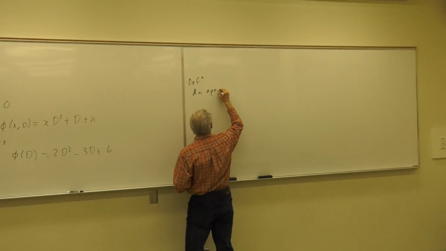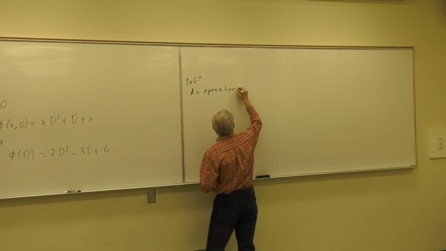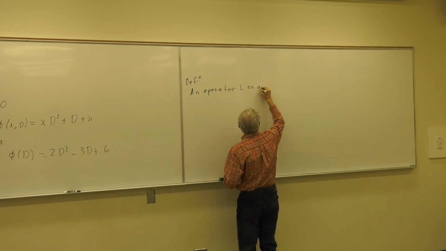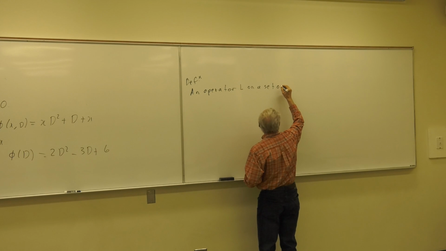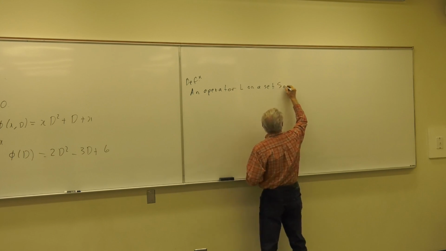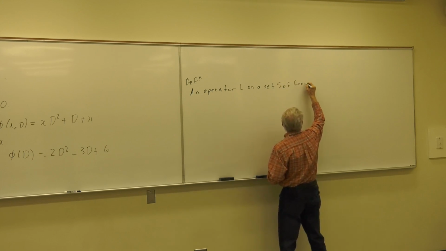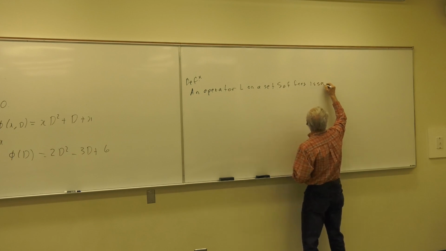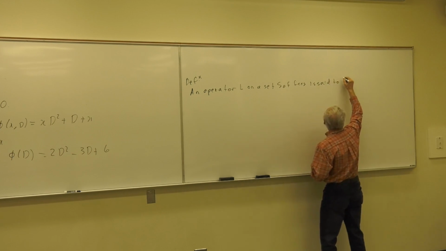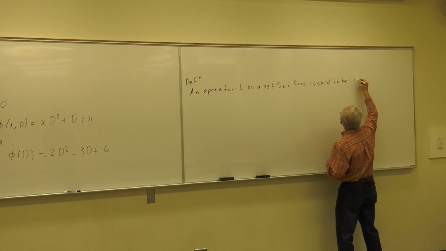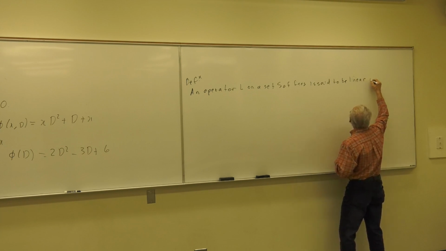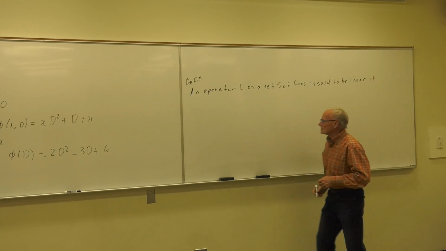An operator L on a set, say S, of functions is said to be linear if two conditions are satisfied.